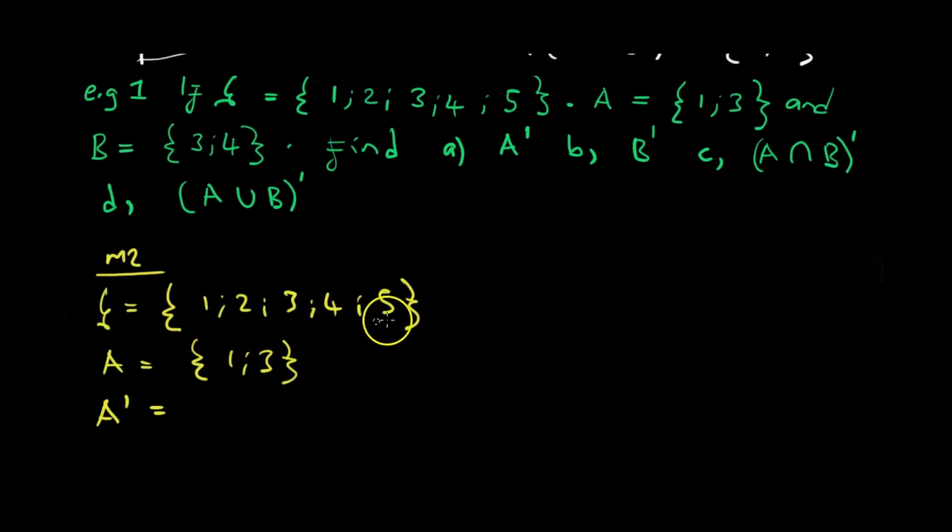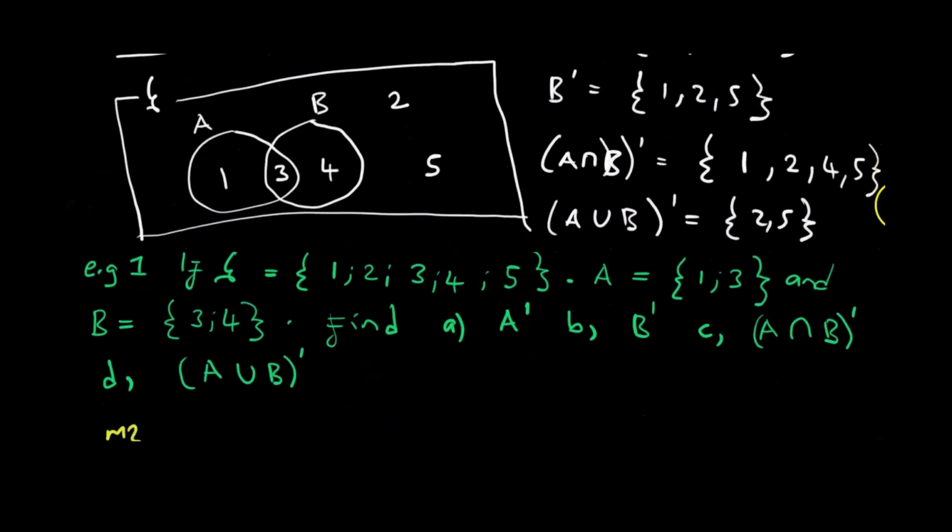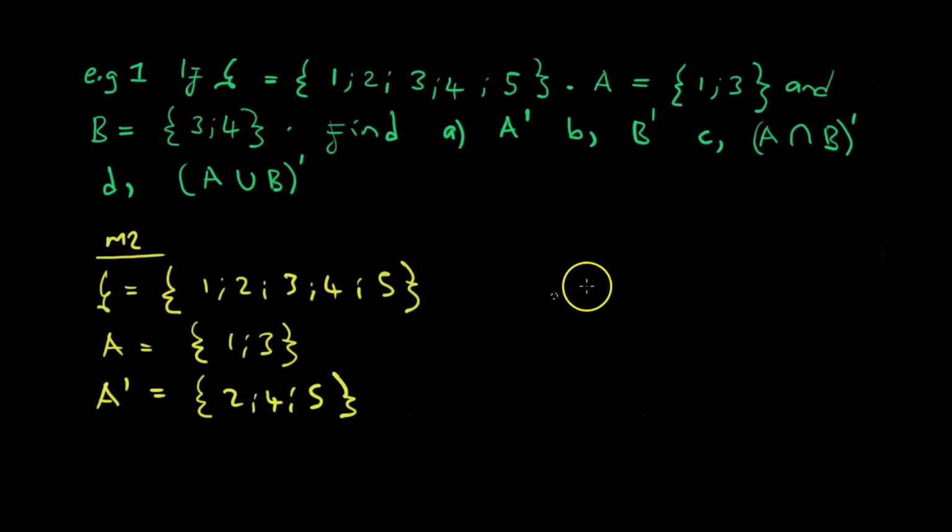Zvimwe zvese zvinenge zvasara ndo complement yacho. Saka 1 tikamubvisa na 3 unoyu zvoreva kuti our answer would be 2, 4, 5. And tikadzokera ku method yedu yekutanga kunoko, it's 2, 4, 5 also. Saka I think that's easier that way.